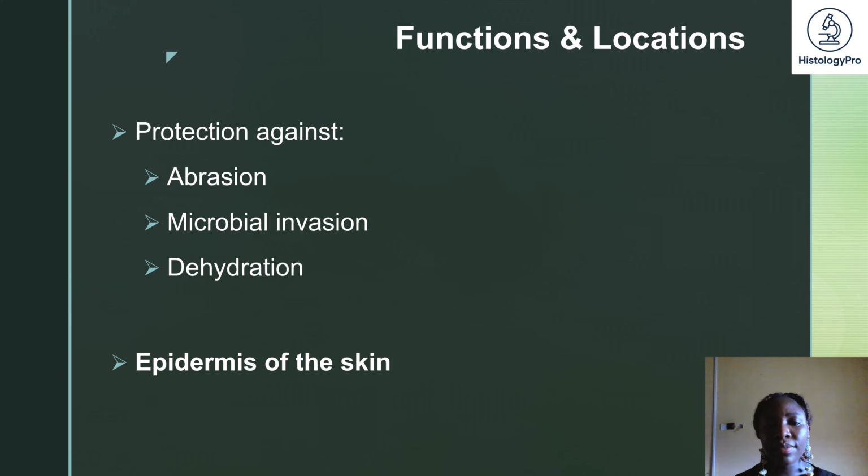The keratinized surface cells, along with the lipid components released from the stratum granulosum, also provide a water barrier that reduces transepidermal water loss. This type of epithelium forms the epidermis of the skin, where these protective functions are critically important for survival in a terrestrial environment.